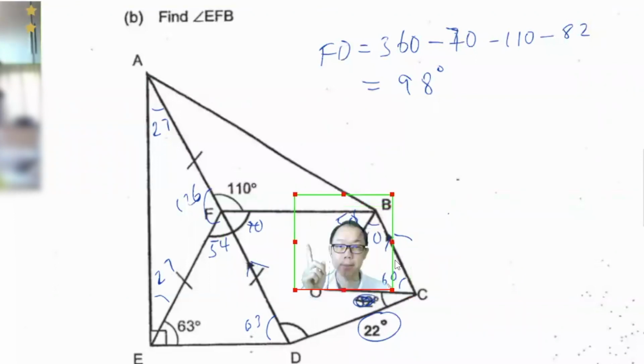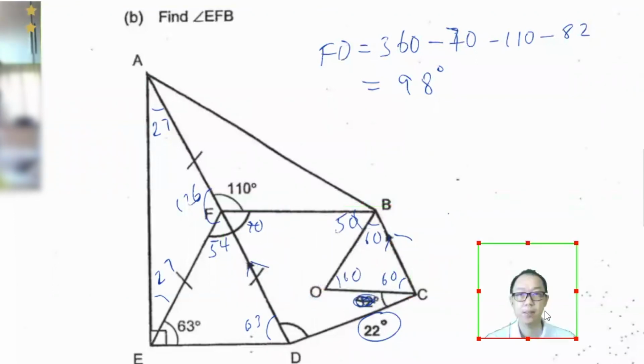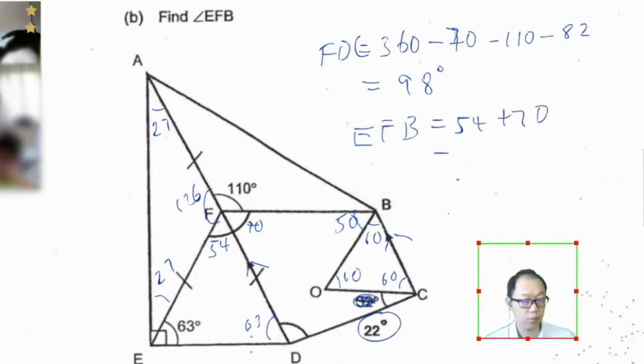So EFB, 54 plus 70. That will give us, calculator time, 124. That's it.